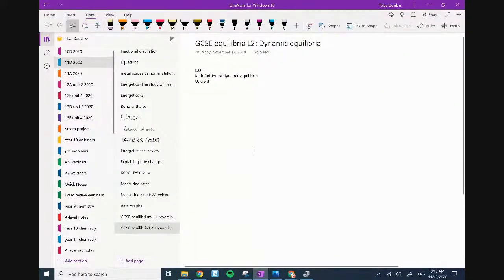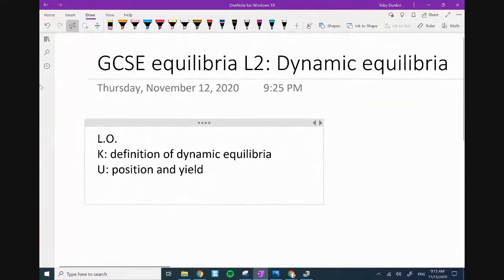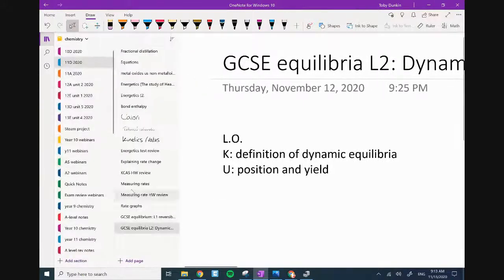So, okay, guys, today's lesson is Equilibrium Lesson 2: yield and position. I didn't give you any homework from last lesson, I believe.